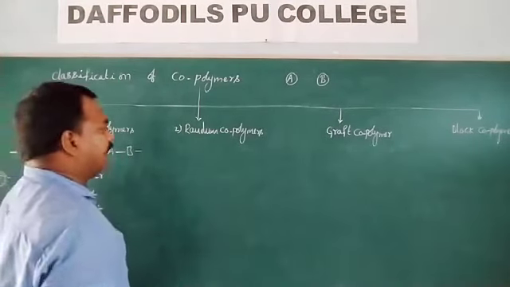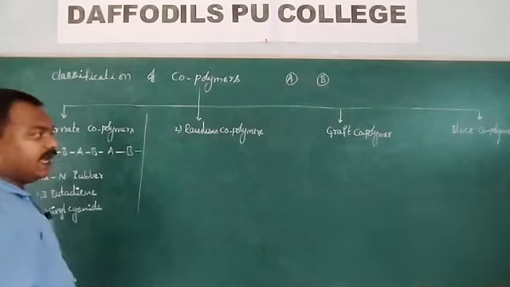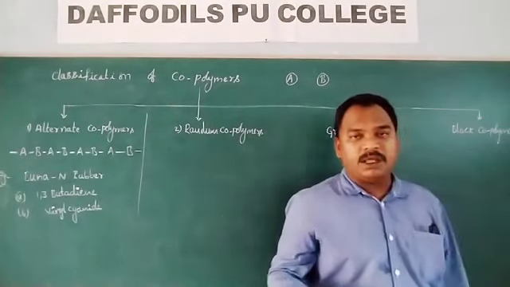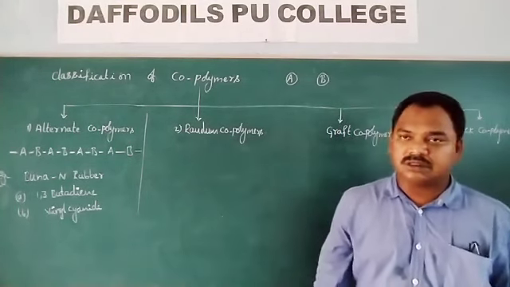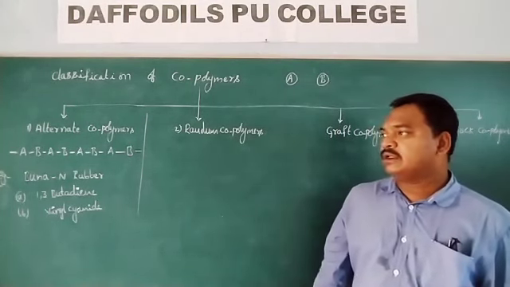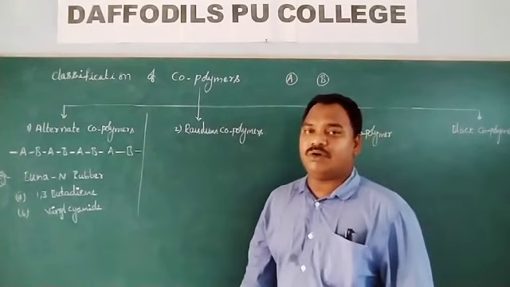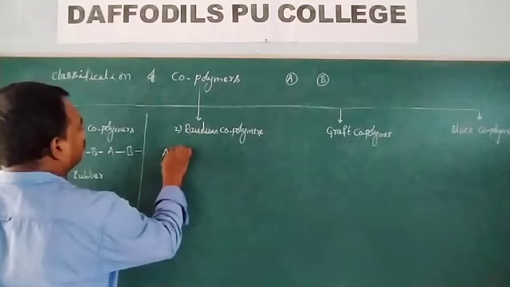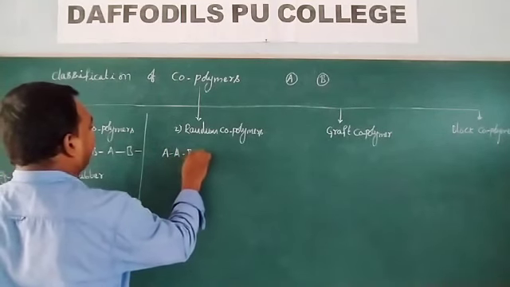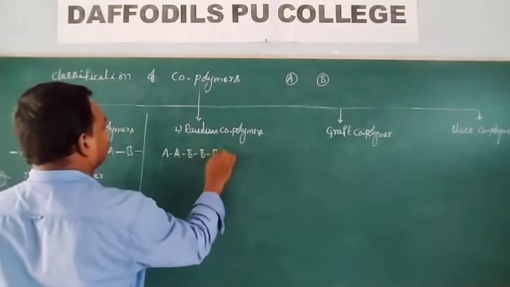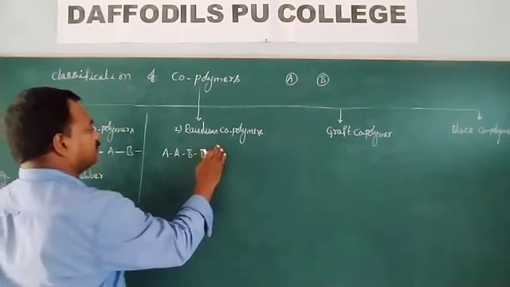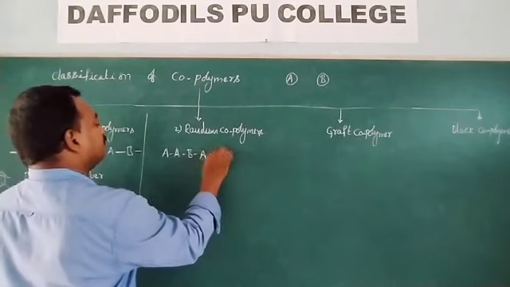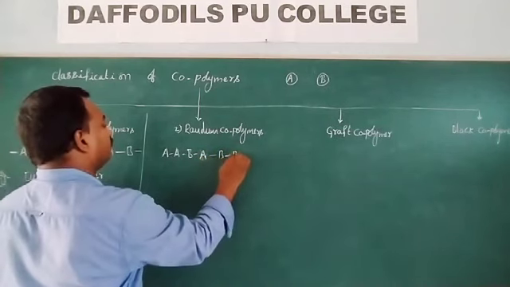Next, look at the random copolymer. A random copolymer contains a random arrangement of monomeric units. There is no sequence present in the arrangement of monomeric units.